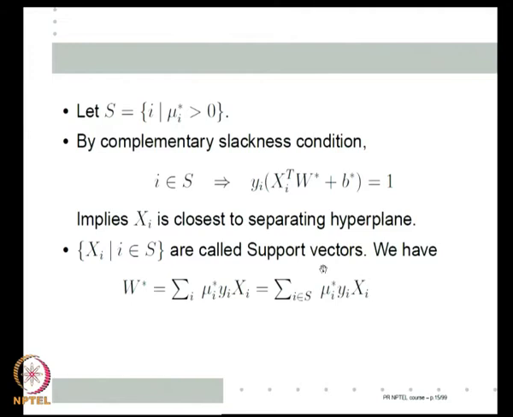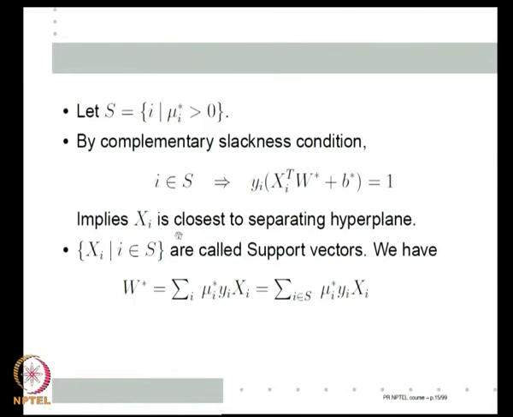These are training patterns that are closest to the separating hyperplane. My optimal W star, I already know, is the summation over i of mu i star y i x i. The summation need be taken only over those mu i star which are strictly greater than 0. So, essentially my W star is a linear combination of the support vectors, if I define these as the support vectors.